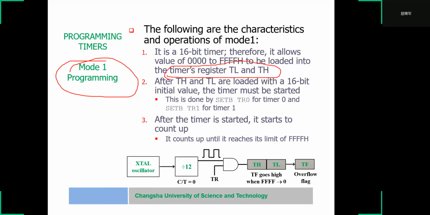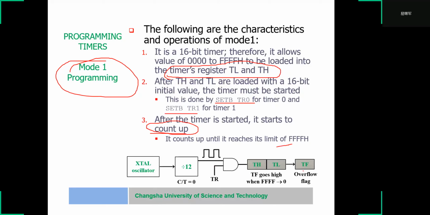After TH and TL are loaded with a 16-bit initial value, the timer must be started. This is done by SETB TR0 or SETB TR1. After the timer is started, it starts to count up, adding one, until it reaches the limit of FFFFH.